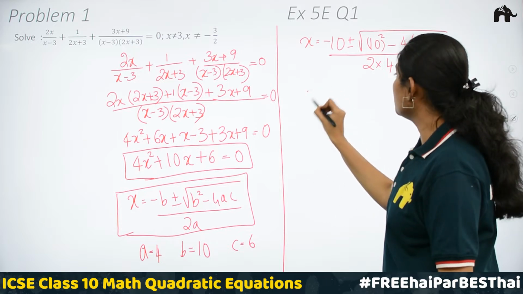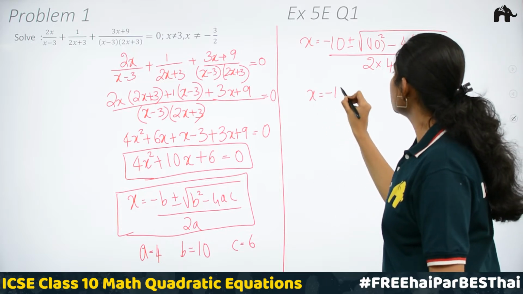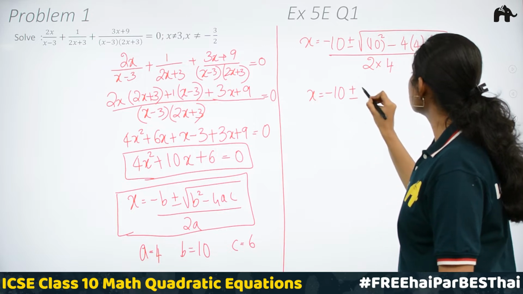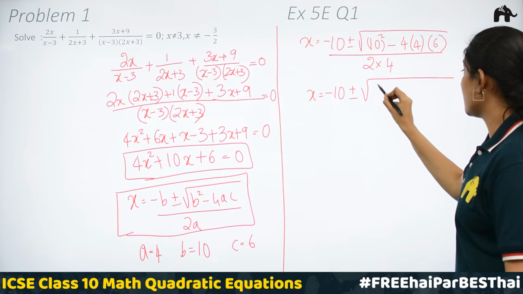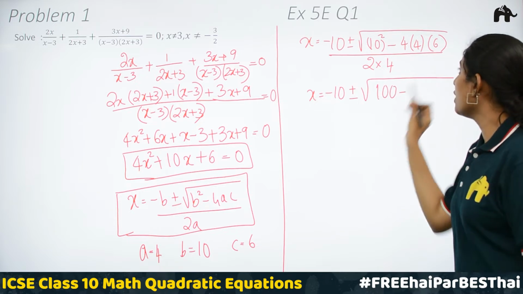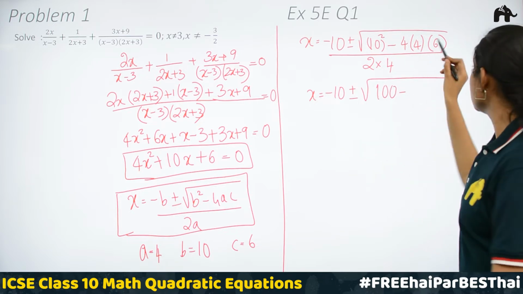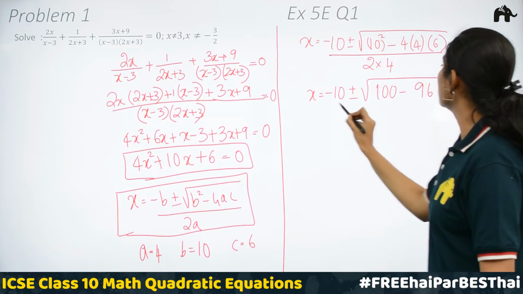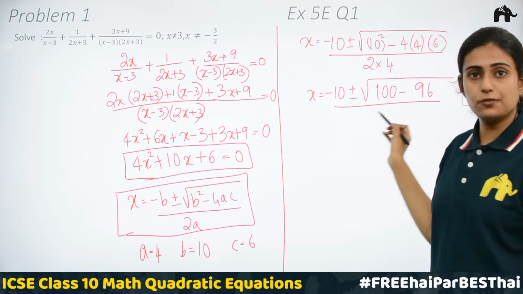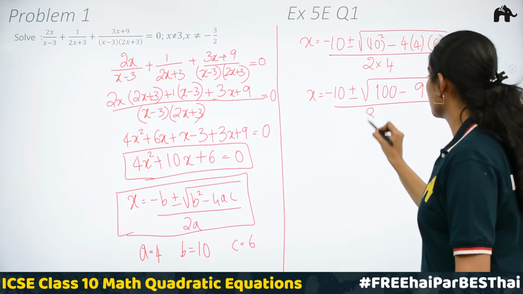X is equal to minus 10 plus or minus root of, what is 10 square? 10 square 100, minus 4 into 4, 16, 16 into 6, 96. 96, divided by 2 into 4, 8.